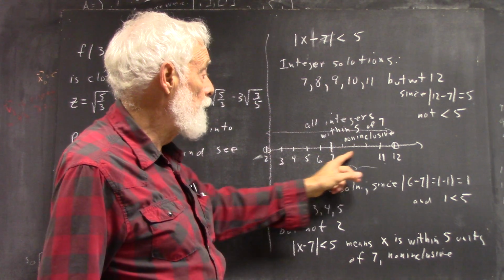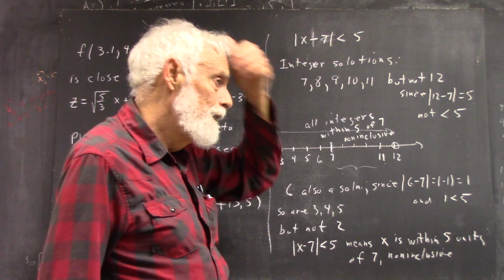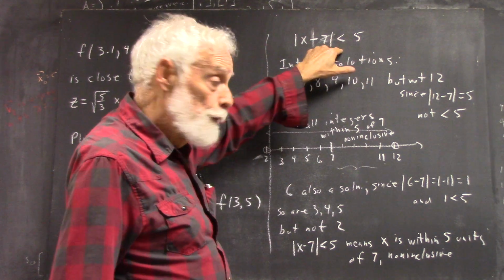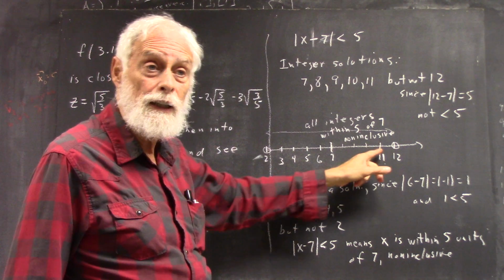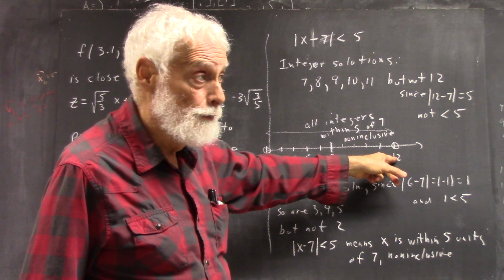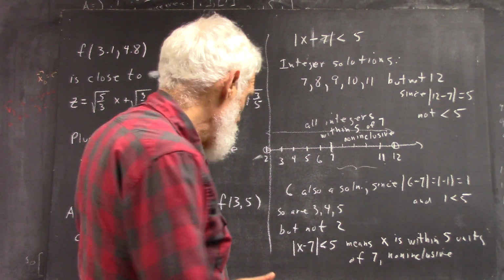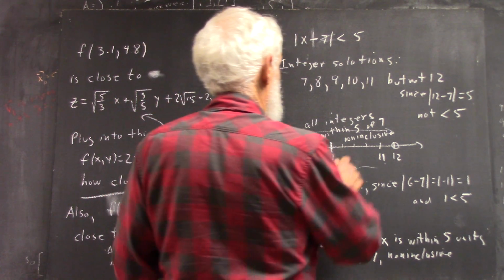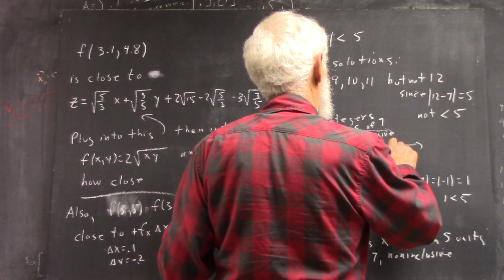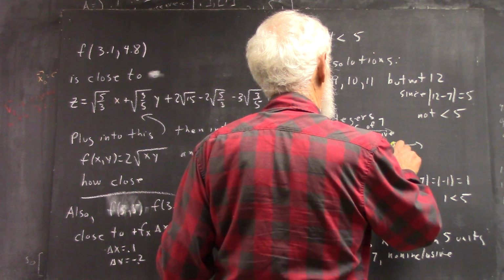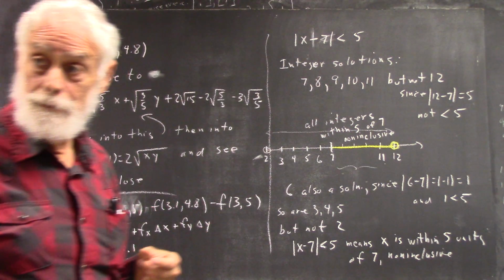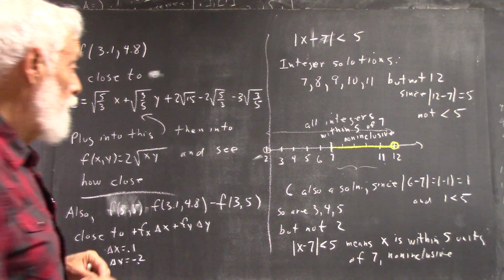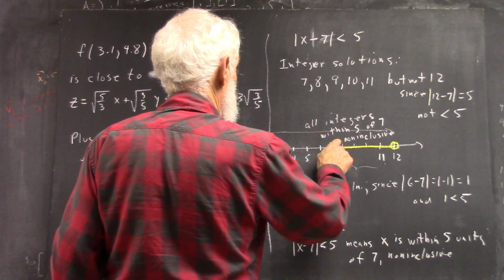So if we go from 7 all the way up to 12, the first number that gives us 5, which we don't include, is 12. So anything up to 12 is included, right? So non-integer solutions, in other words, real number solutions, go from here to here, still non-inclusive, right? Okay? And they also go from here to here, non-inclusive.